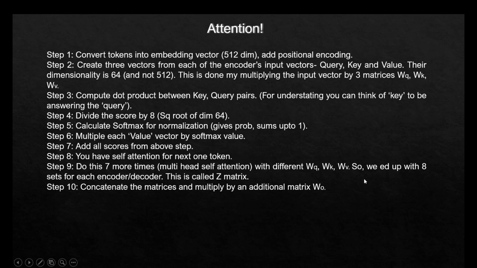This is how you end up with 8 sets for each encoder and decoder, and this is called the Z matrix. After that, you concatenate the matrices and multiply them by the WO matrix to give you a single output. All of this gives you attention, the understanding of context, and this is how the transformer understands context.